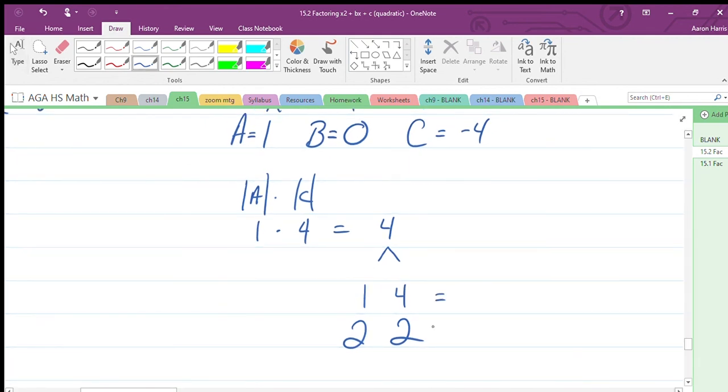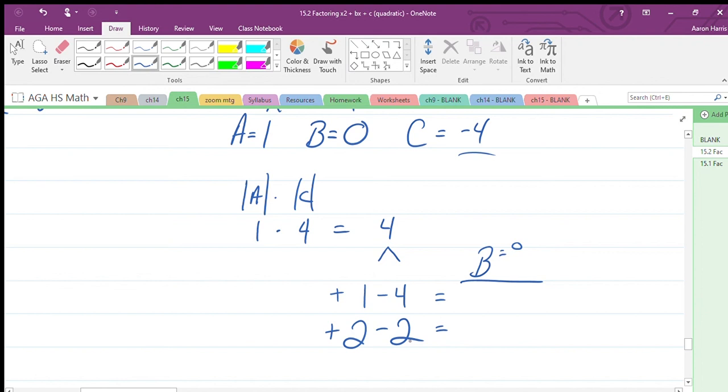So I know that I'm going to have a positive and a negative in order to multiply these together. When I add them, though, I need B to equal 0. Okay? So here we go. If I'm going to make the bigger number negative, and then the smaller number positive, positive 1 times negative 4 gives me my negative 4. So I'm good there.